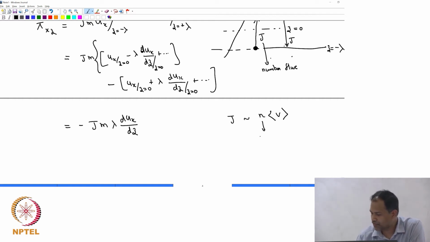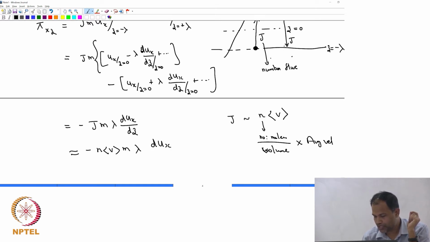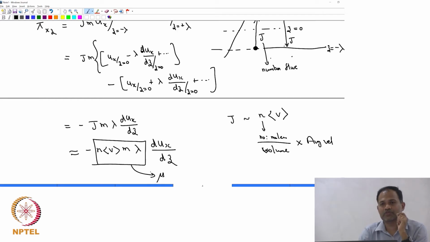This will give you some average flux at various points, and therefore, this quantity is really going to be proportional to minus n times v times m times lambda times dux divided by dz, and this quantity is what we really called our viscosity.